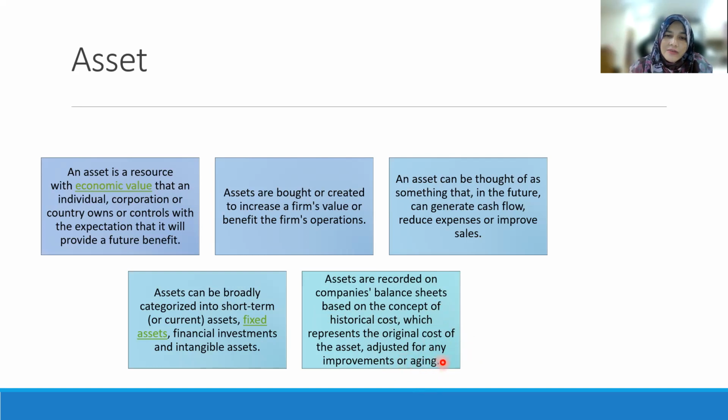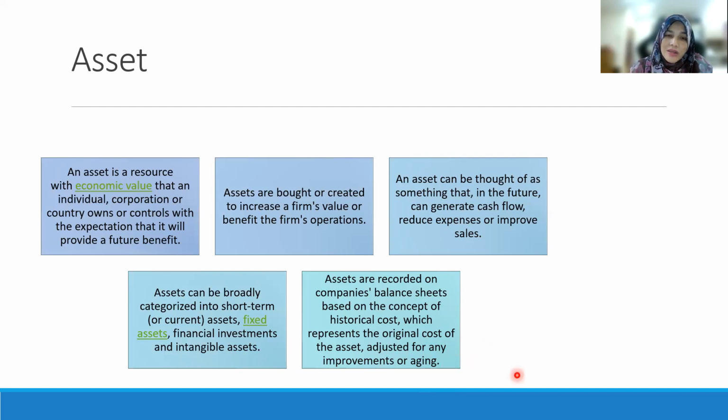Adjusted for any improvement or aging: what does it mean here? The asset will be depreciated. For example, a building will be used and utilized, so it will definitely depreciate in value. The adjustment on the depreciation will be recorded separately.